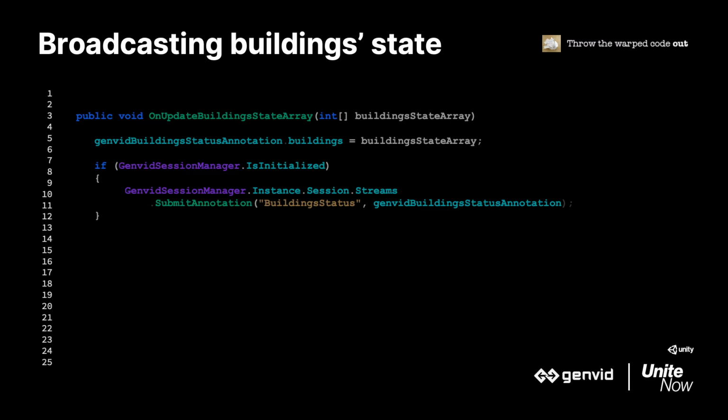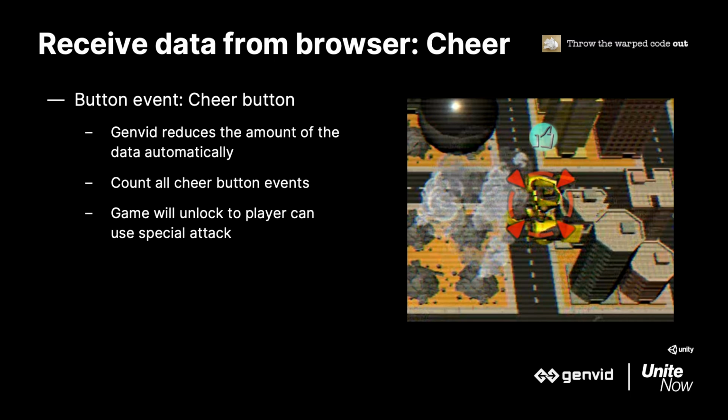Next, let's take a look at the code when the game receives the button press event from the browser. When a player is selected and the cheer button is pressed, it is sent to the Genvid server as an event, and the Genvid server will notify the game. On receiving the notification, it will run code in the game.